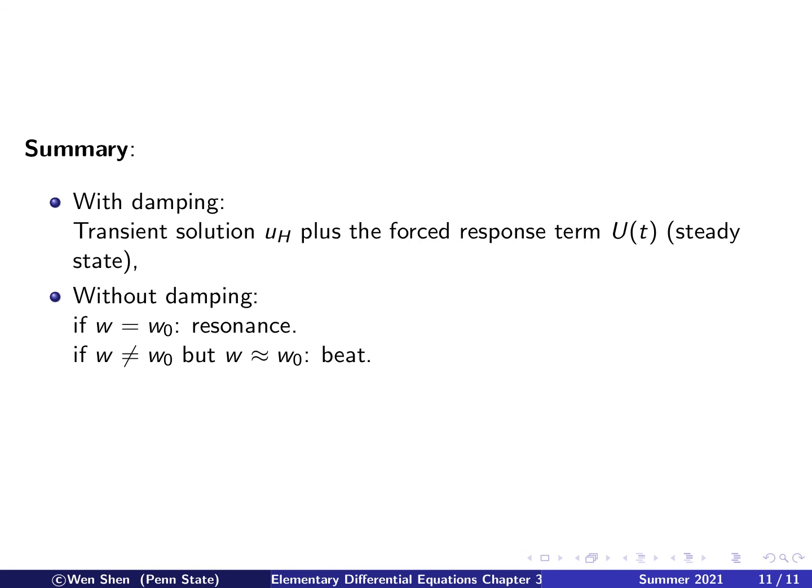If one does not have damping, γ equals 0, then there are two cases. If ω equals ω₀, then we have resonance. If ω doesn't equal ω₀, then you have a solution of cosine minus cosine. But in the case where they are very close to each other in value, then you get the beat as your solution.